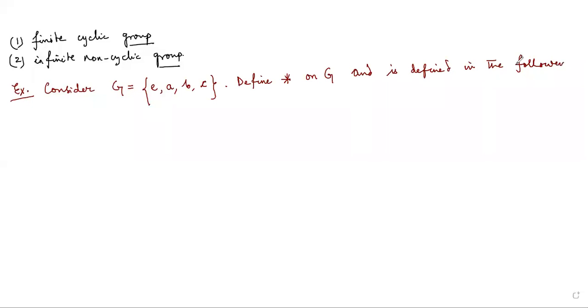Now, remember one thing: whenever we design a structure by defining some sort of binary operation on a non-empty set, this operation is not always an algebraic operation like addition, subtraction, multiplication, and division. These operations can be anything.